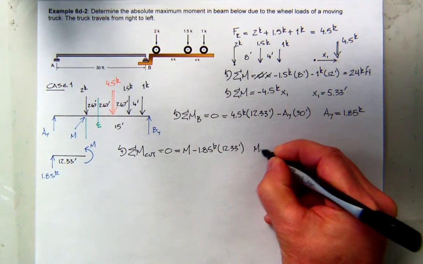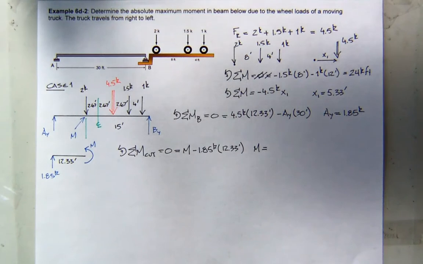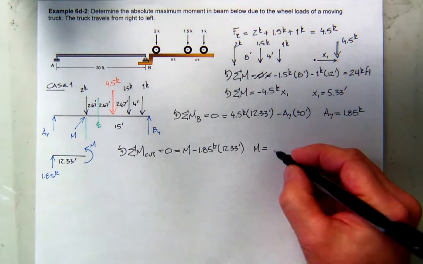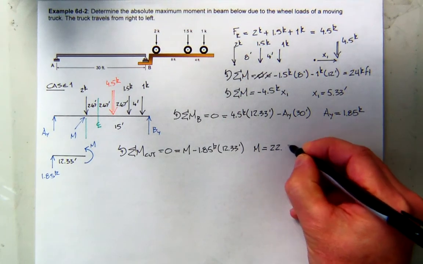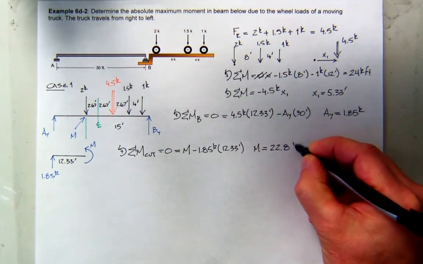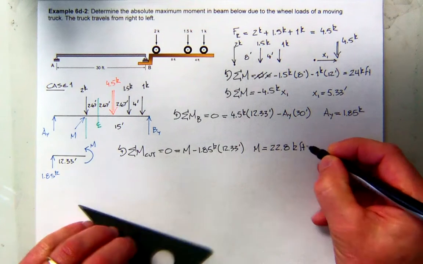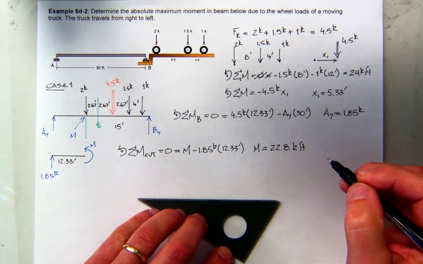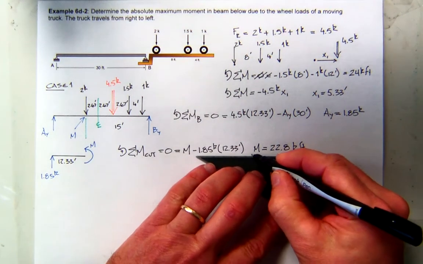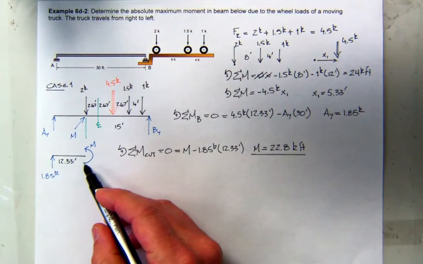So what's the moment equal to? 22.8, and that will be kip-feet. So right now that's the moment and this is the position.